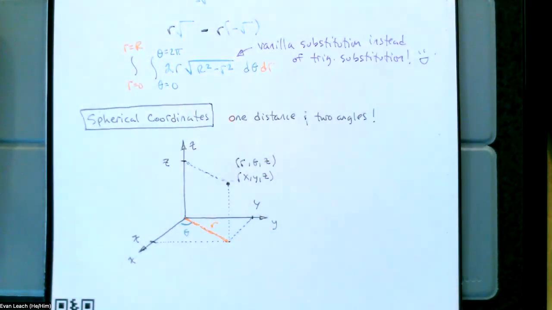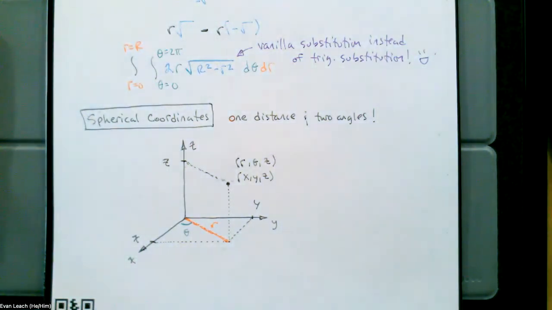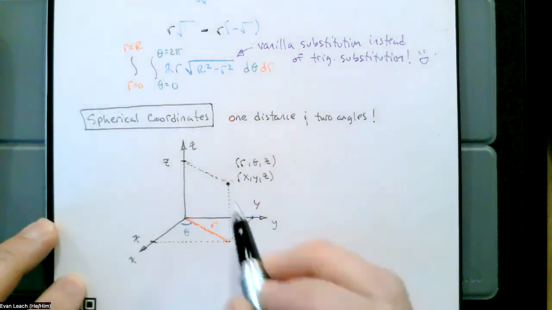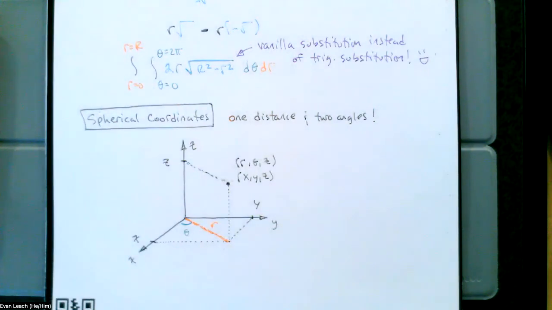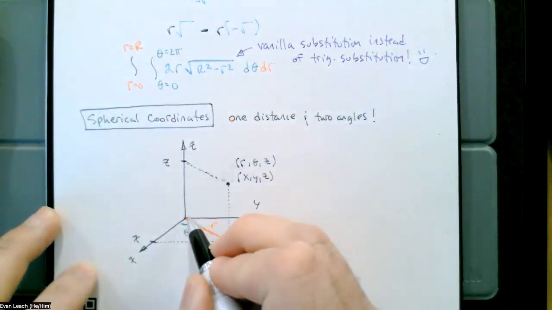we have but one choice of where we can put our distance. And that's from the origin to the point. How far is the point away from the origin?